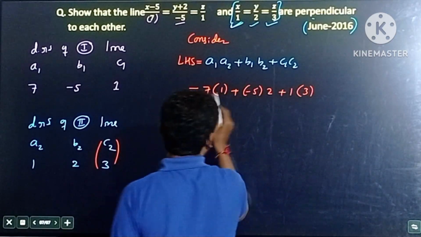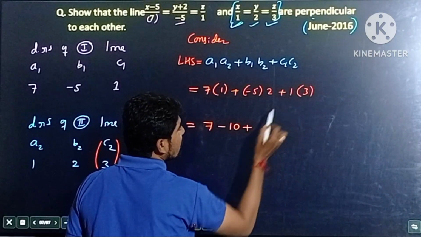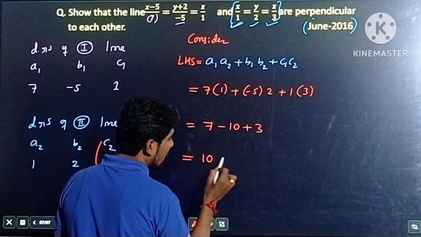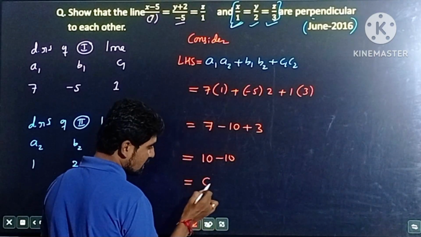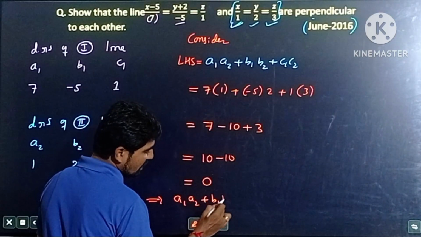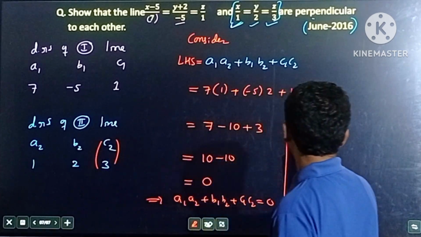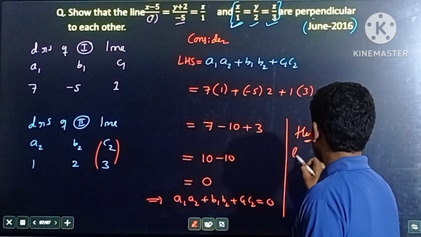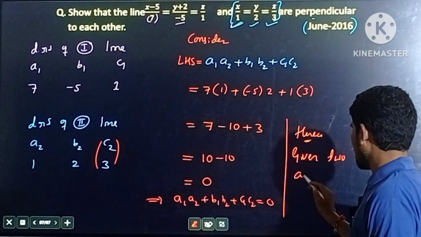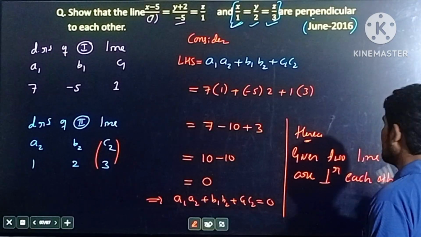So 7 into 1 is 7, plus minus 5 into 2 is minus 10, plus 1 into 3 is 3. Which is equal to 7 plus 3 is 10, minus 10. So finally we got 10 minus 10 equal to 0. It means A1 A2 plus B1 B2 plus C1 C2 is equal to 0. Hence, the given two lines are perpendicular to each other.